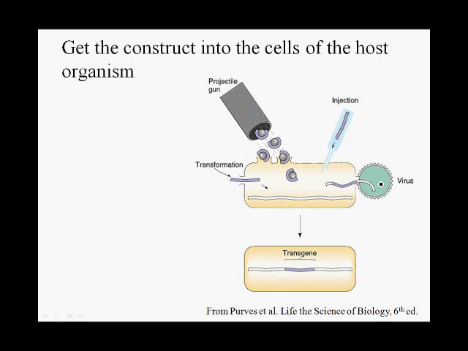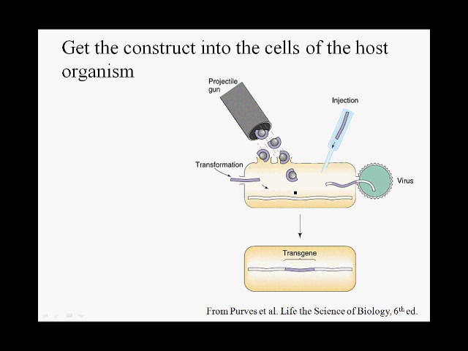So if you can use a viral DNA vector and clone your gene into a viral DNA vector, then the virus can get your DNA into the host cell for you. And there are at least a half dozen other techniques, but I think this gives you some idea of the variety.